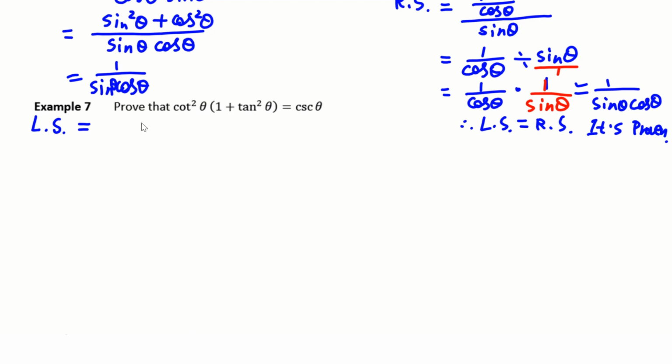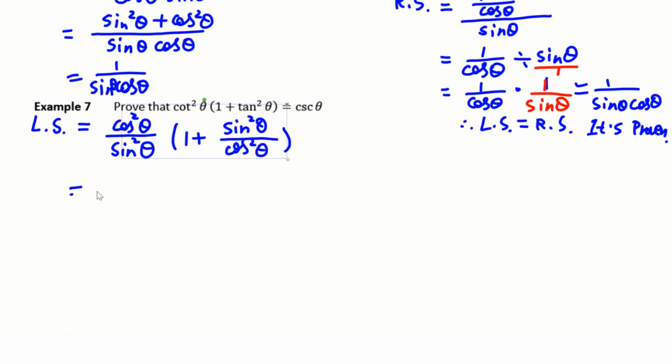We could change them to sine, cosine. So cotangent is cosine divided by sine, then squared is cosine squared divided by sine squared. Then 1 plus tangent squared is 1 plus sine squared divided by cosine squared.